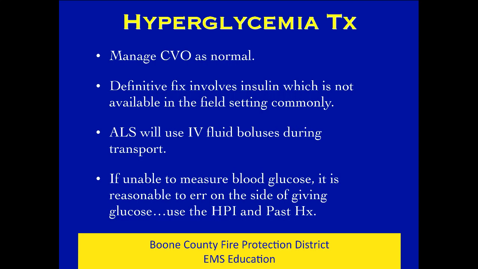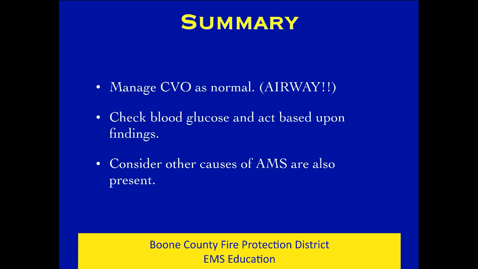Who cares? Big deal. But if they were hypoglycemic and you couldn't measure it because your glucometer's not working, and you give them some glucose paste, it may fix the condition. So when in doubt, and in doubt means you can't measure the blood glucose, you should give glucose. But again, use the history, present illness, use their past history, think, and make judgments.